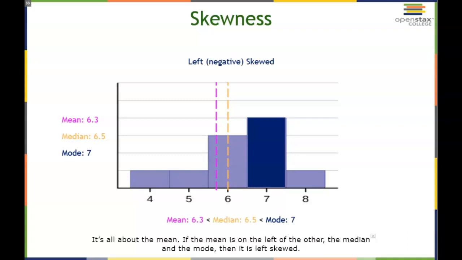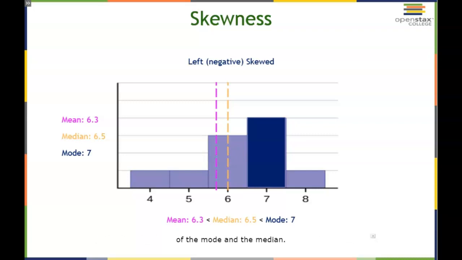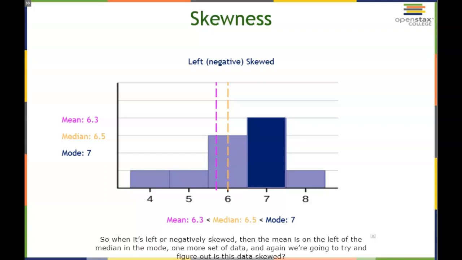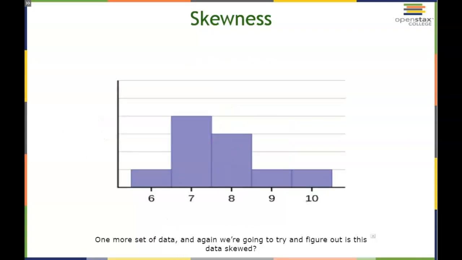If the mean is on the left of the median and the mode, then it is left skewed. So you could probably anticipate what a right skewed value is going to be. It's going to be the mean is on the right of the mode and the median. So when it's left or negatively skewed, the mean is on the left of the median and the mode.